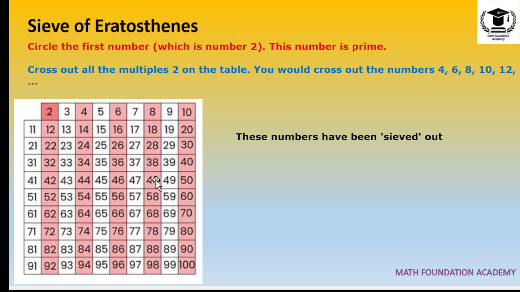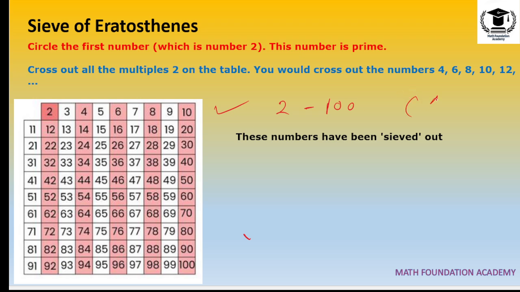So all the whole numbers are arranged in columns the way it is shown in the slides. See? All the numbers from 2 to 100 are arranged in this fashion.